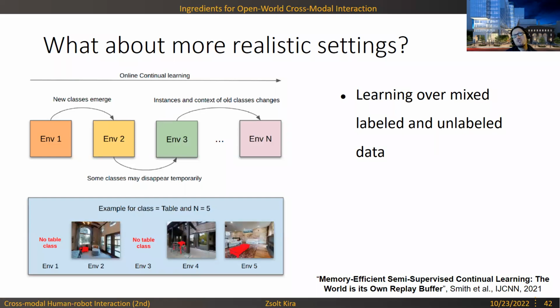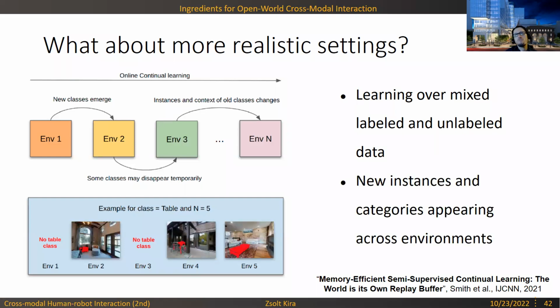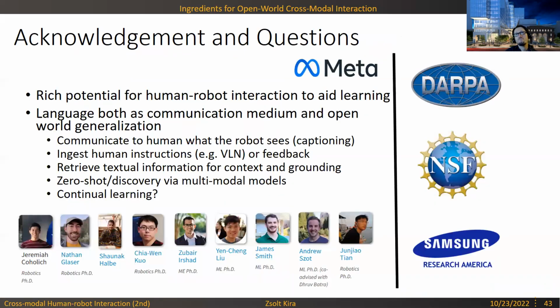So we add this learning over mixed unlabeled and labeled data, but we also add new instances and categories appearing across an environment through natural data distributions as an agent would encounter them, which I think is really important to study as well. Okay, so with that, I'm going to wrap up and take some questions.